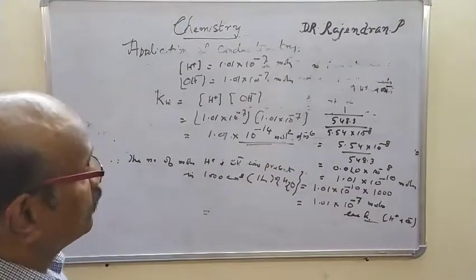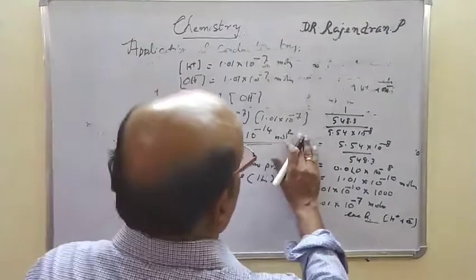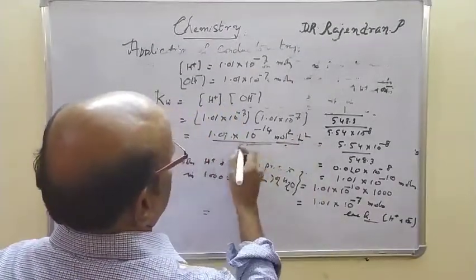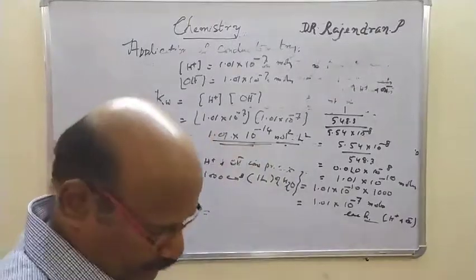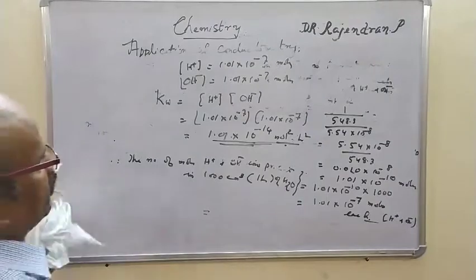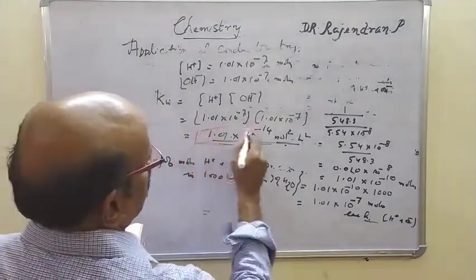You can read it as dm raised to minus 6 or liter square. So this is the Kw of water, and this is the method for the determination of Kw of water.